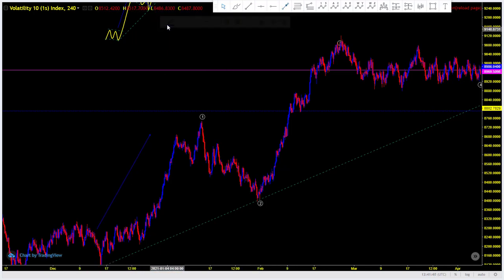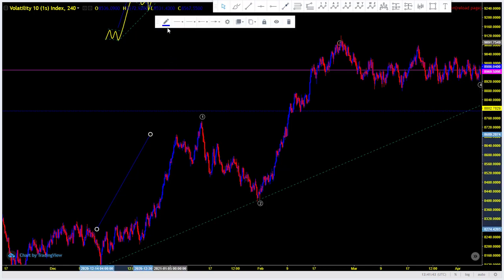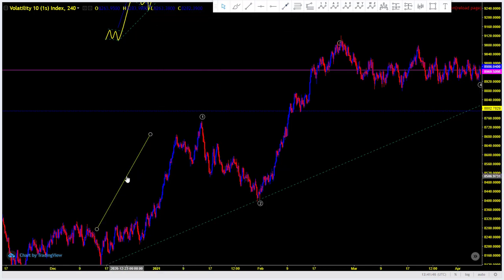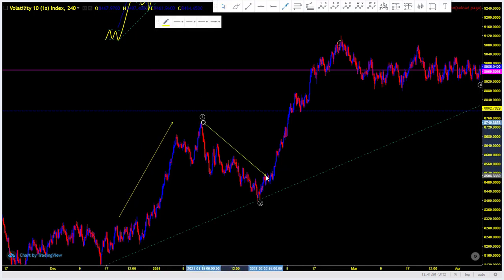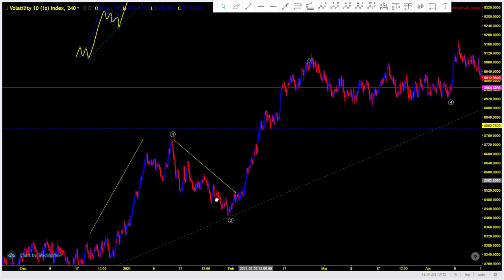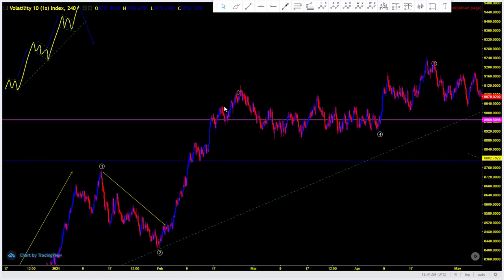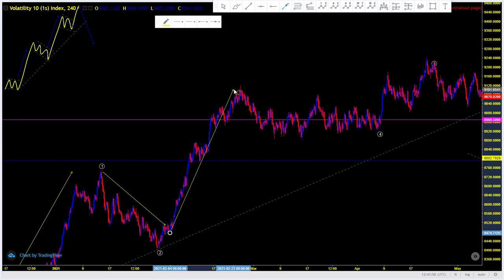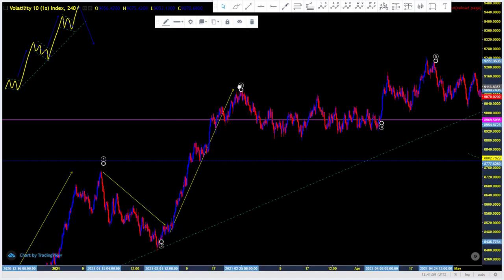Here is the impulse. Let's change that color to a color that is different from the candlesticks that we have. So this is your impulse there, and there you are given a correction. After that correction, here you are given another impulse there.